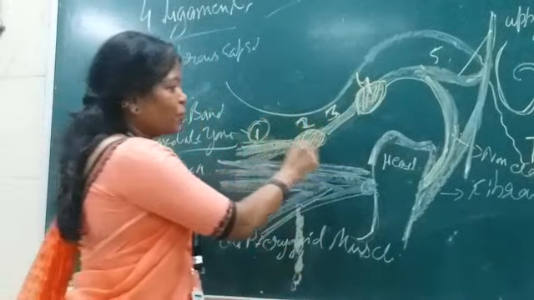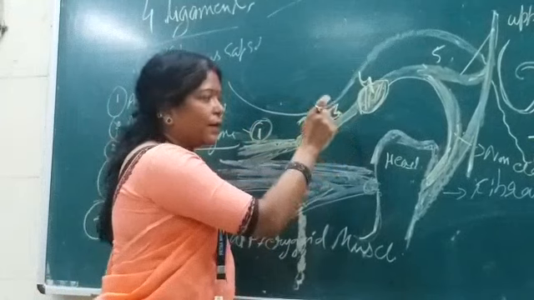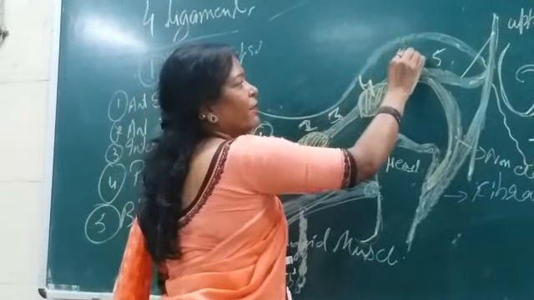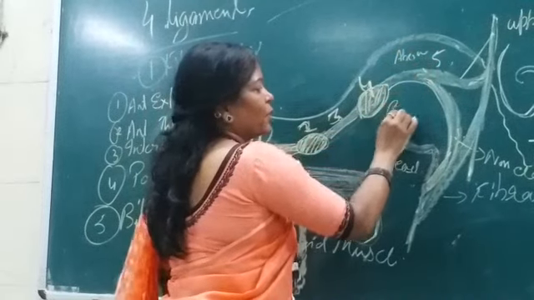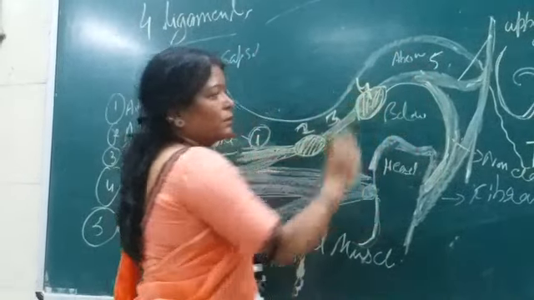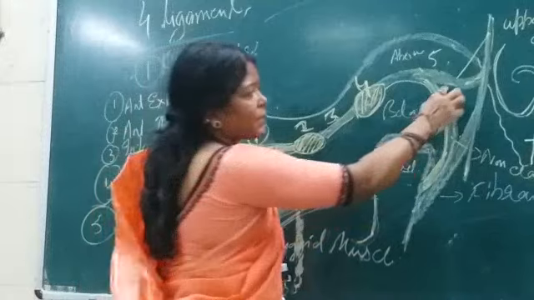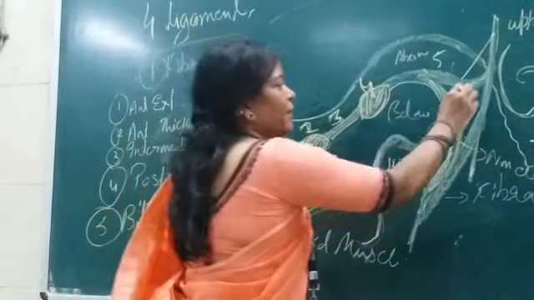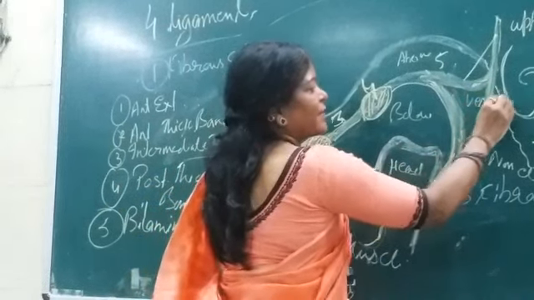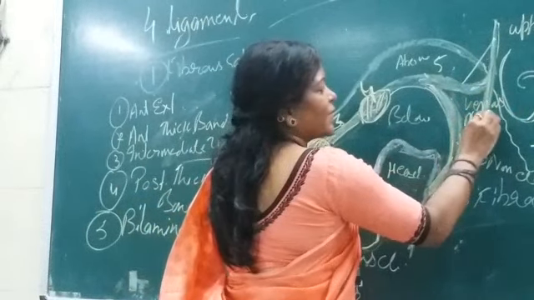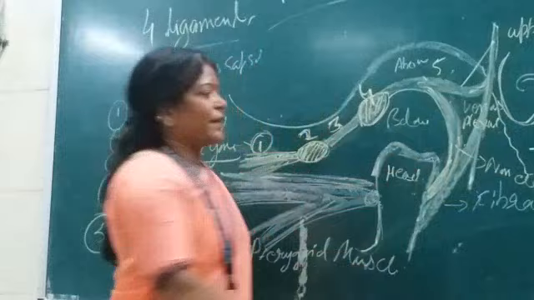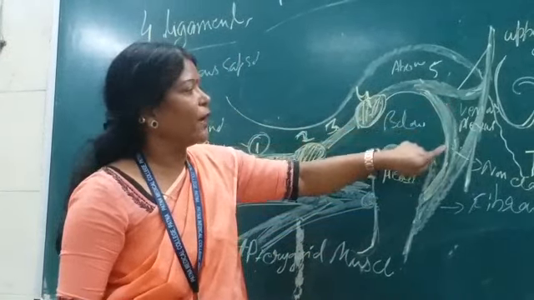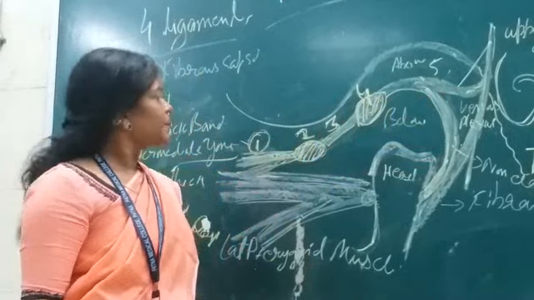Due to the presence of this intra-articular disc or plate, the joint cavity is divided above and below. Now in the gap between the upper and the lower lamina, there is a venous plexus present in between the upper and the lower lamina of this intra-articular disc.